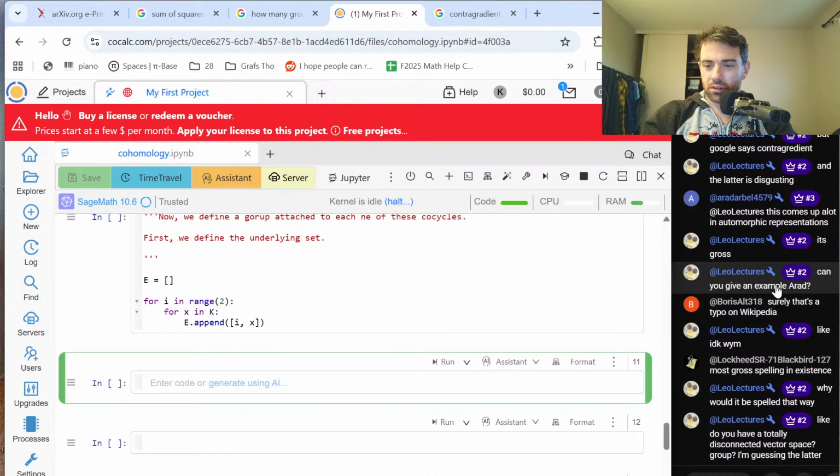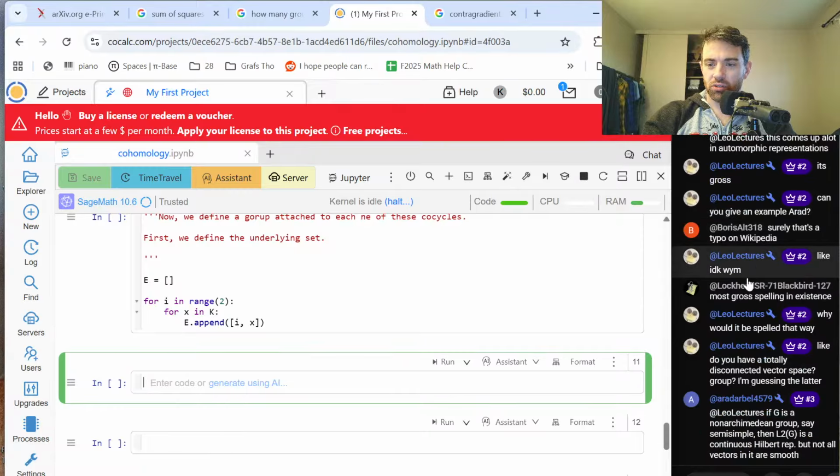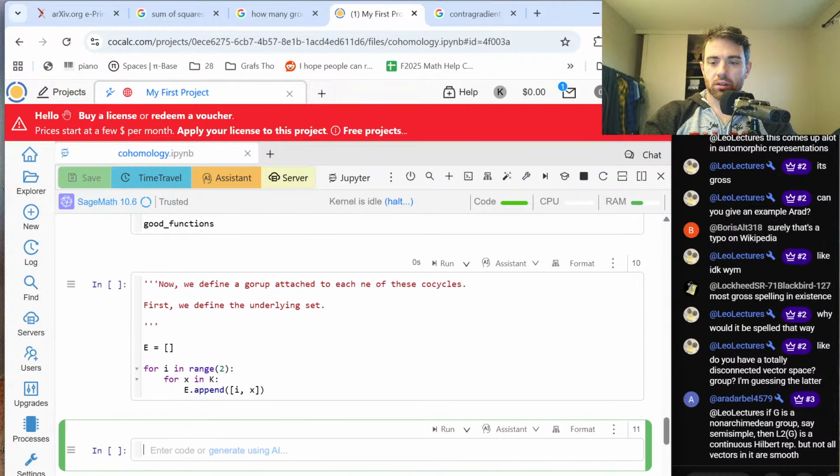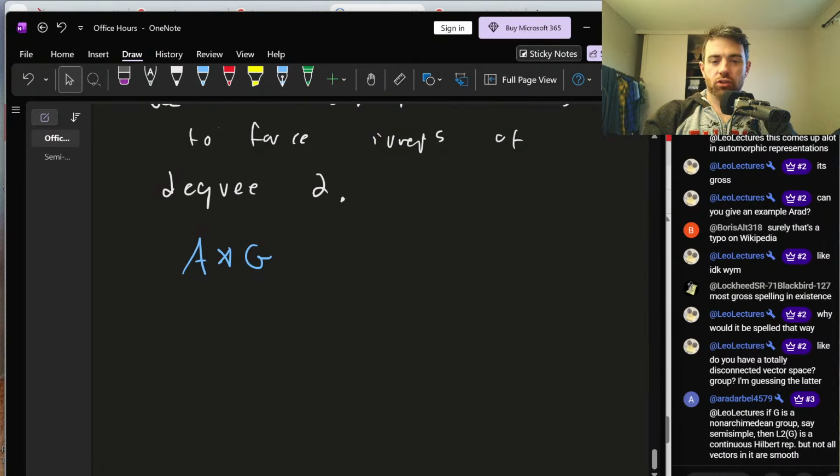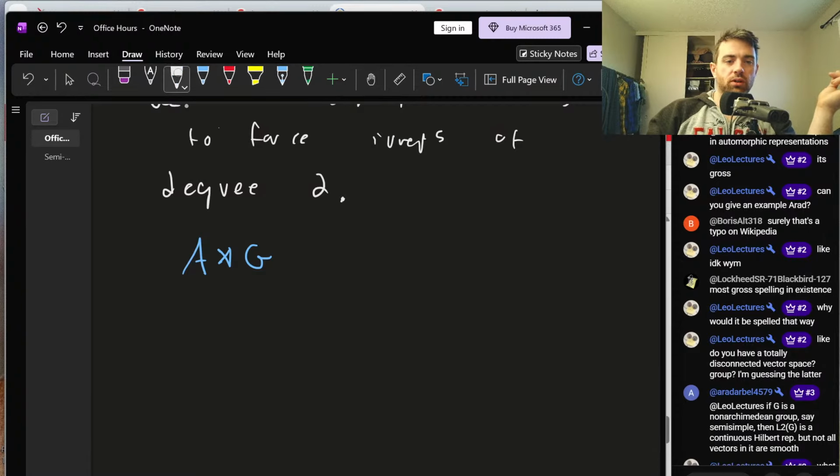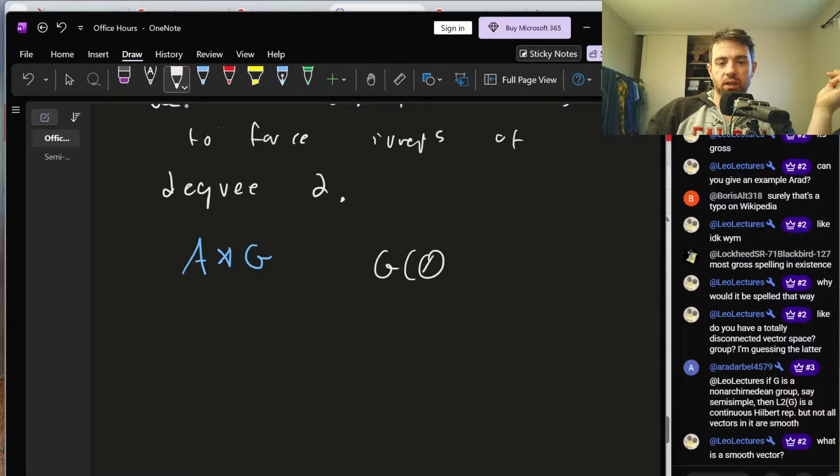An example? Leo, you want an example of when a contragradient representation comes up? Do you have a totally disconnected group? In the p-adic case, your non-Archimedean group, you have some p-adic group, and you have a representation of that p-adic group.